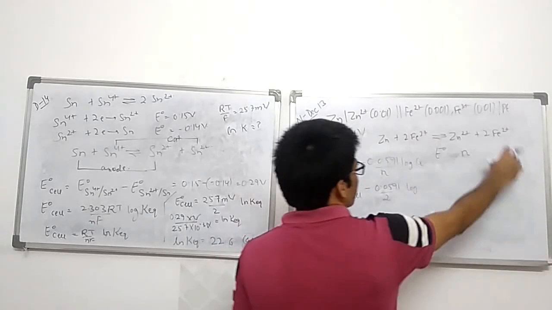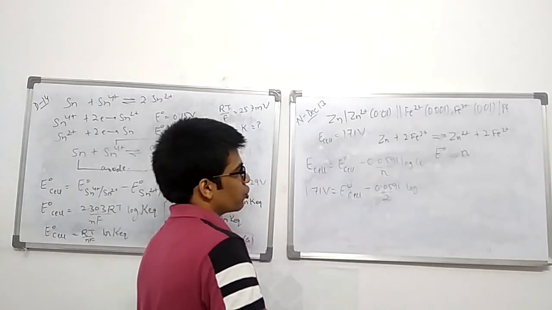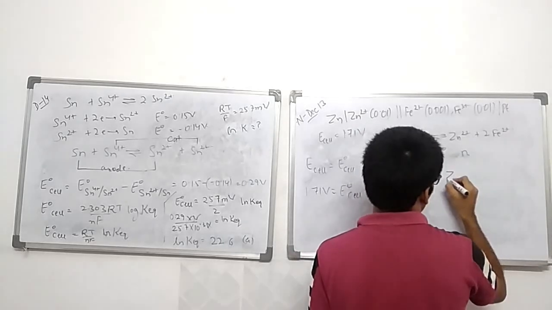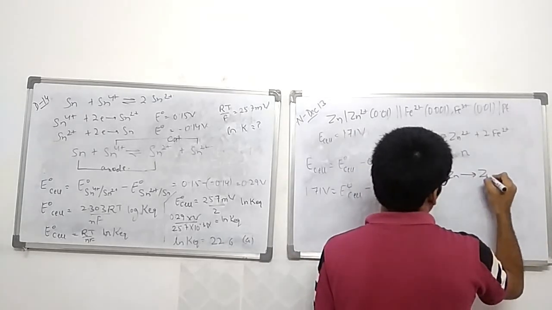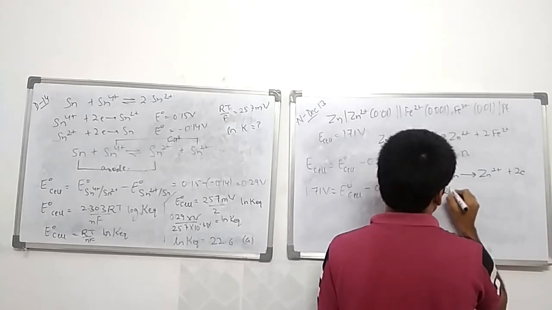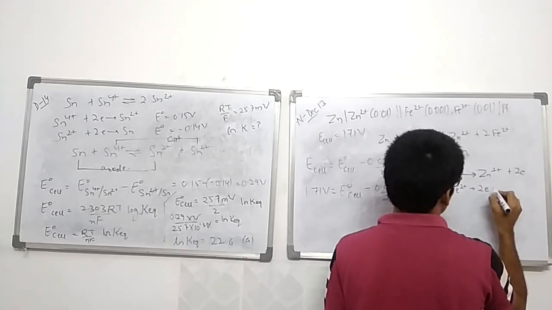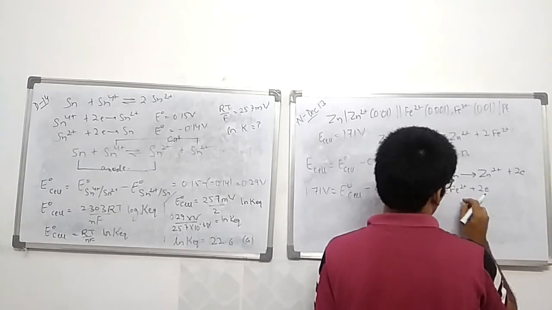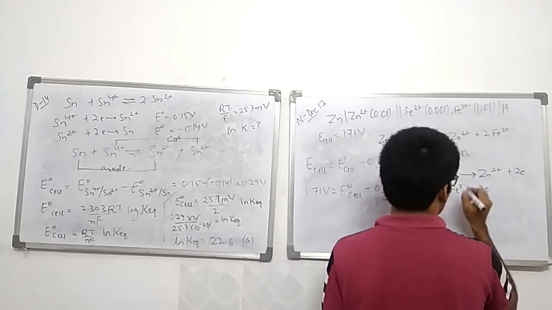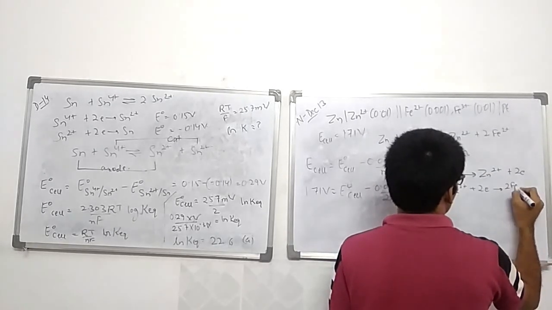So if you see this reaction, let us not directly go to the reaction. If I write the two half electrodes, I would get zinc producing zinc 2+ plus 2 electrons, and 2 Fe3+ taking up 2 electrons to produce 2 Fe2+.